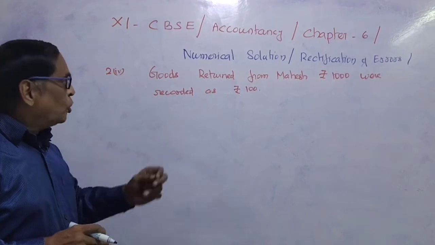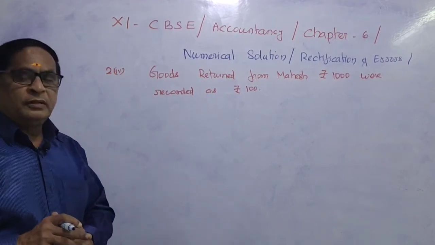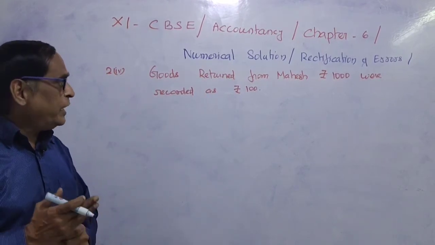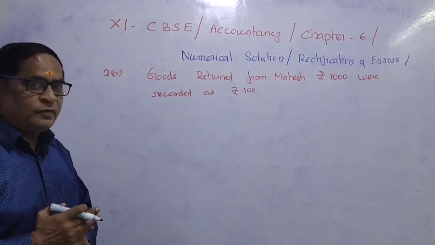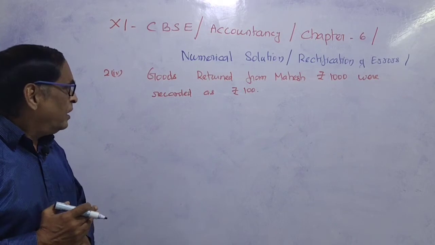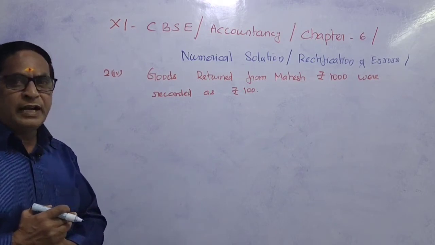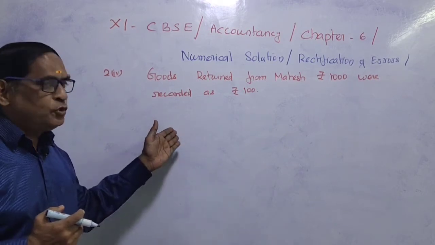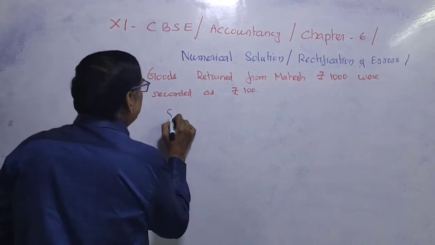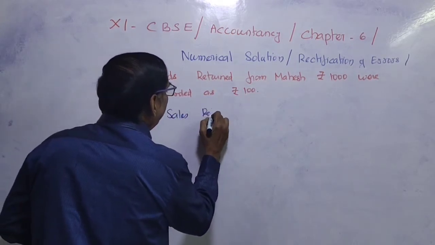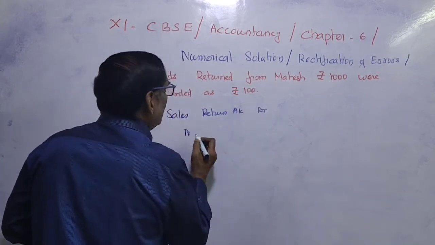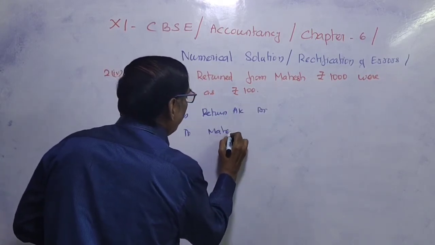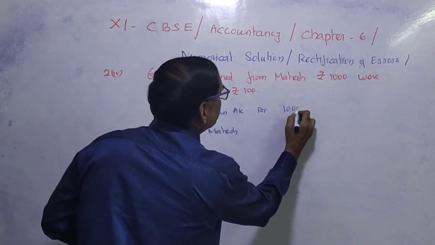The next one is the goods returned from Mahesh. That means sales return. So sales return account debit, Mahesh account should be credit. That is for 1,000 rupees, was recorded as rupees 100. That means the correct entry should be sales return account debit to Mahesh, 1,000 rupees.